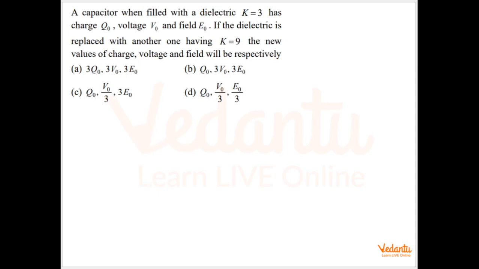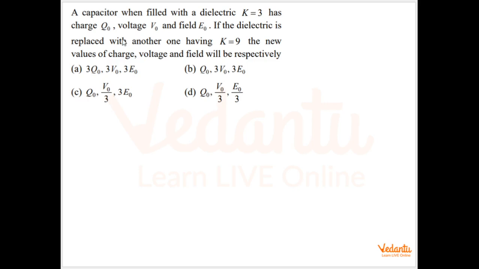In this question, a capacitor is filled with a dielectric K equal to 3, has charge Q naught, voltage V naught, and electric field E naught. If the dielectric is replaced with another one having K equal to 9, then the new values of the charge, voltage, and field will respectively be what?